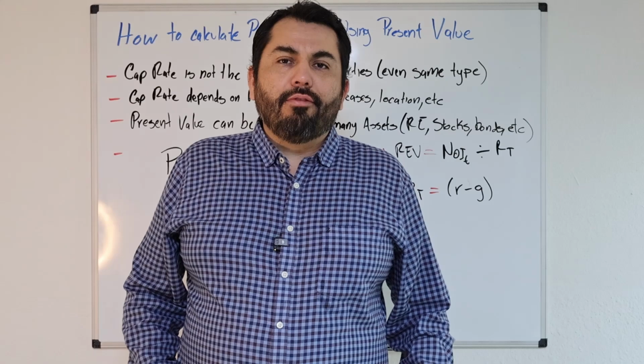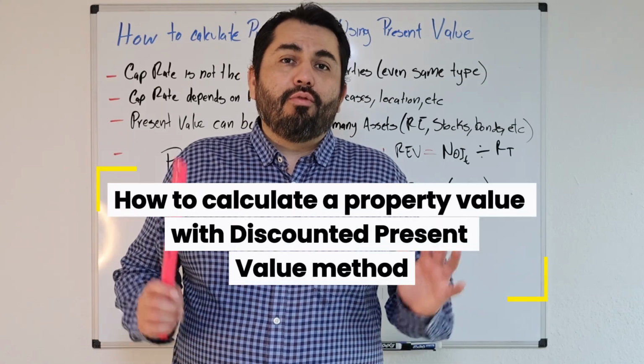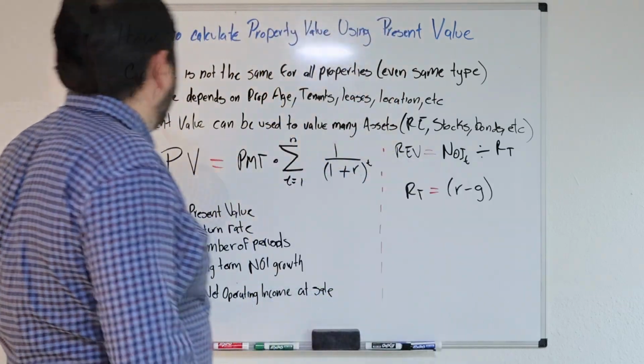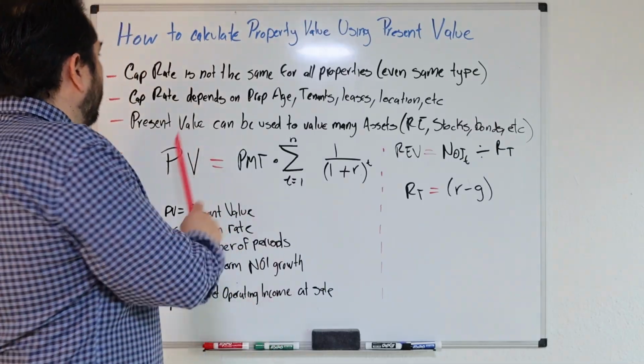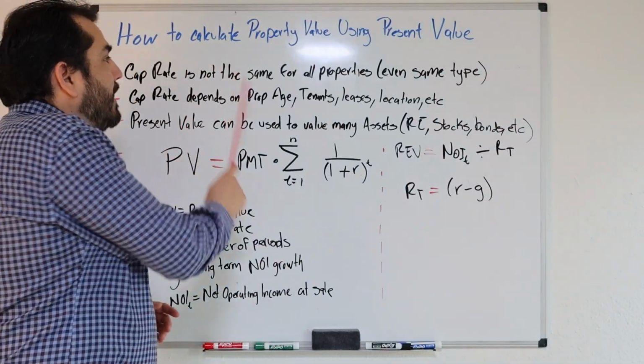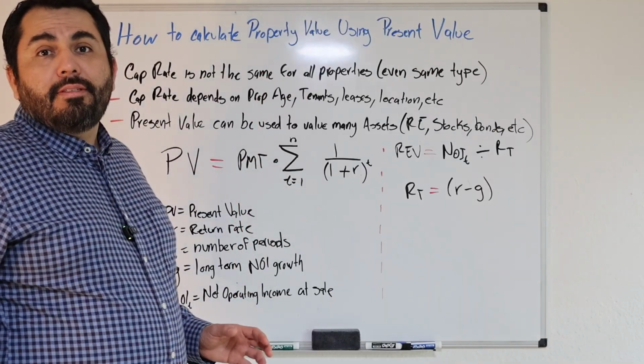So now let's try to find how to calculate the present value of a commercial property. The first thing you have to know is the cap rate. It's not the same for all properties.